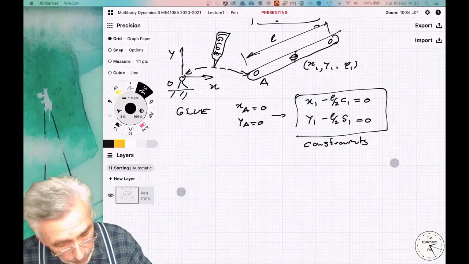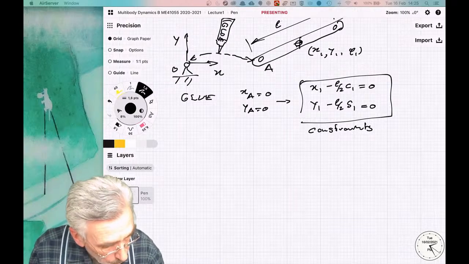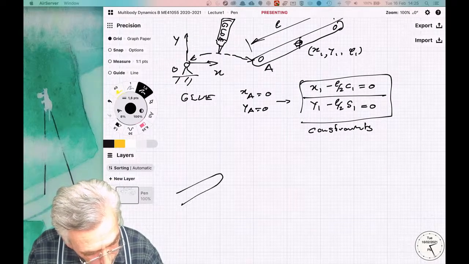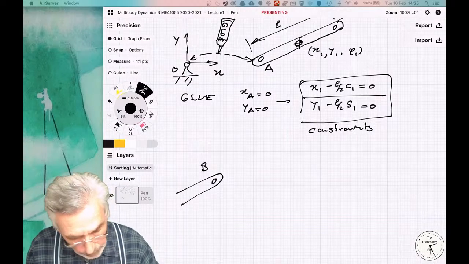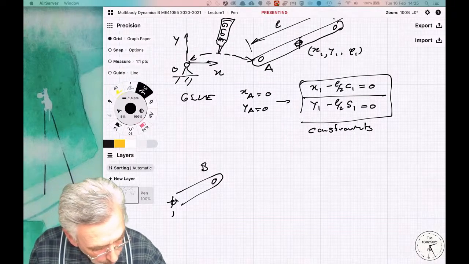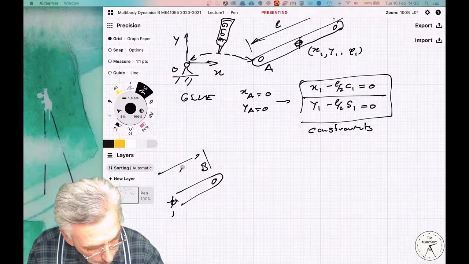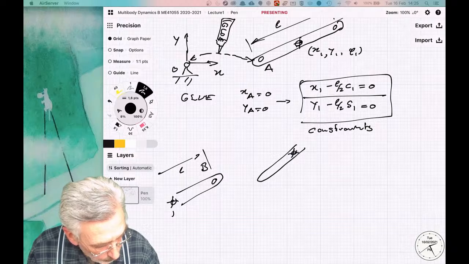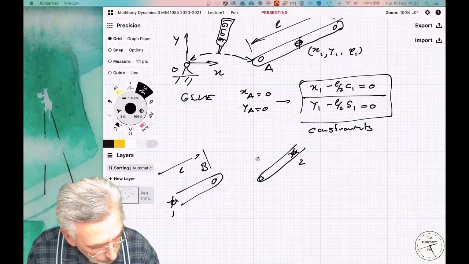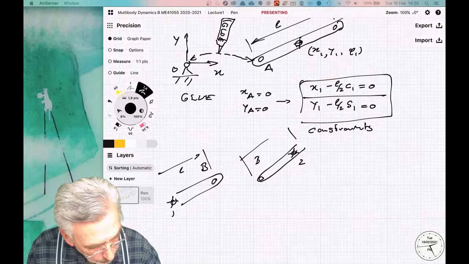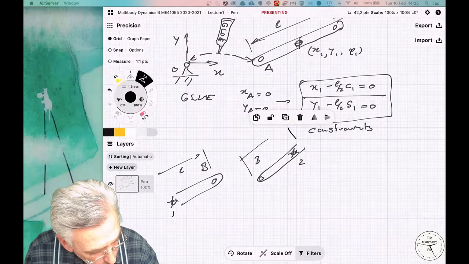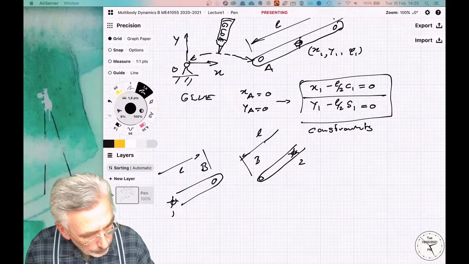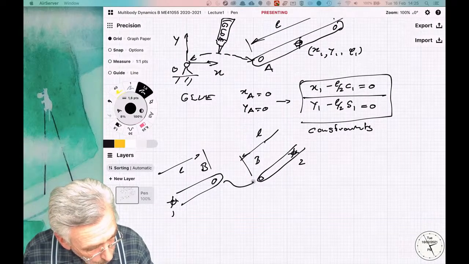And likewise for the other joint, we can write down these two constraints, and then I have to draw it. So I have this point B, and this was body 1, and this was L, remember, and then here we have body 2, and this is also point B. This was also L, and then we have to glue this together.